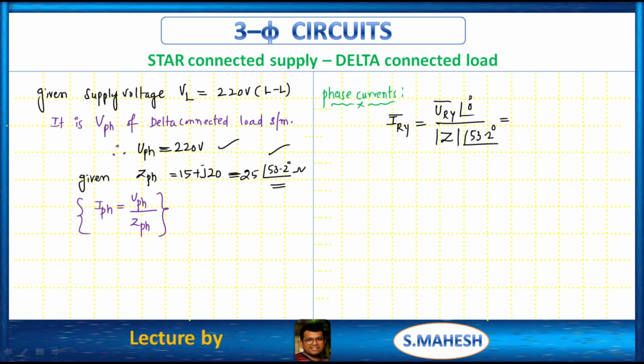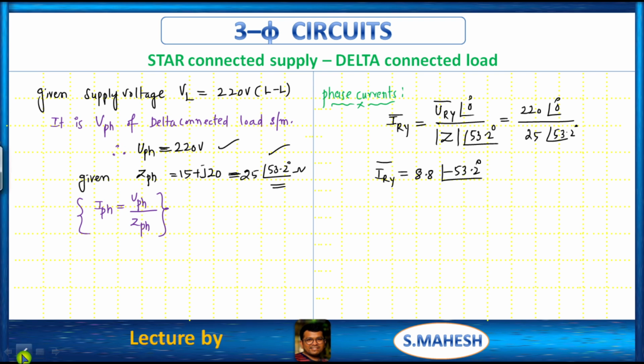The phase voltage is 220 volts. This is 220 at an angle 0 by 25 at an angle 53.2, right? From this IRY is 220 by 25, that is 8.8 at an angle minus 53.2.